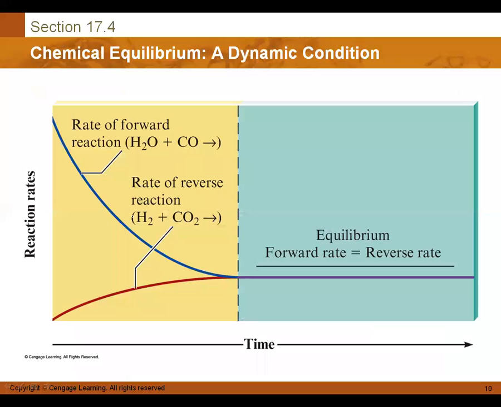That's what we see graphically when we look at a reaction like this. At the beginning of the reaction, we have mainly reactants and pretty much no products. As the reaction proceeds, the forward direction dominates. We start to use up some of our reactants, and that builds up some of our products.